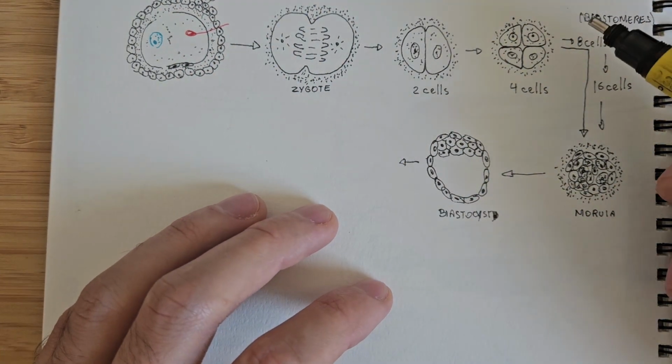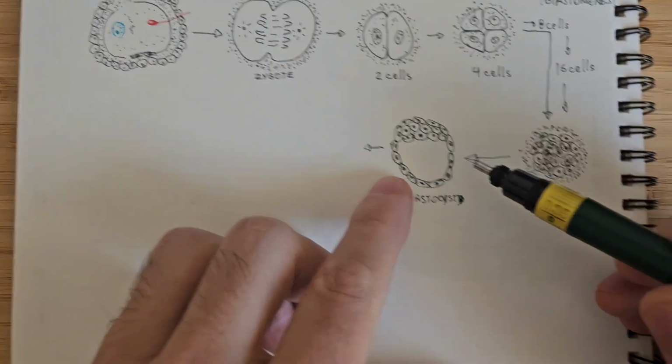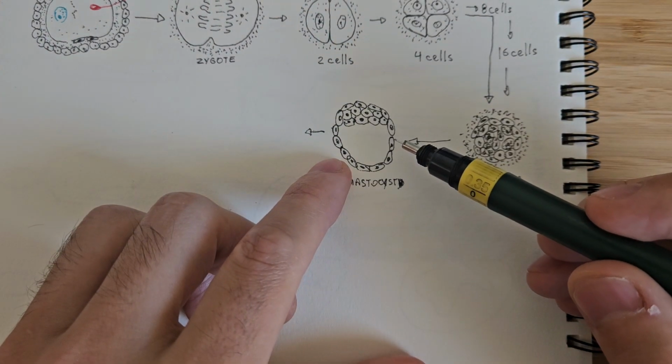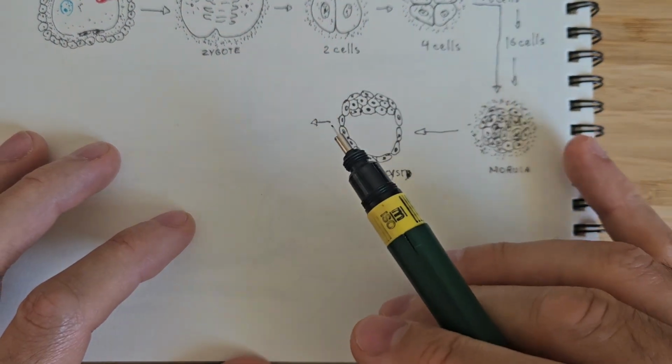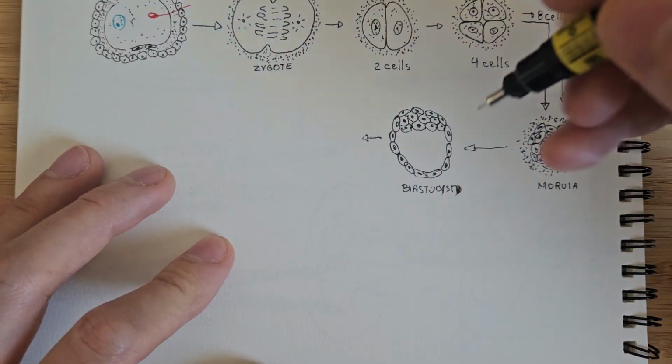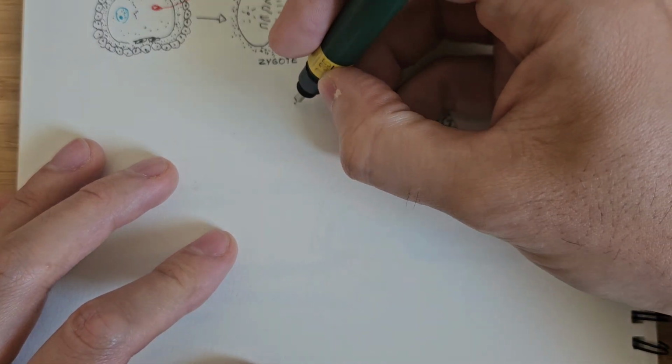Welcome to part 2 of the video on the origin of tissues. Now we have here the fluid-filled space, and this fluid-filled space is called the blastocele. Moving to the next one, I'm going to do this.